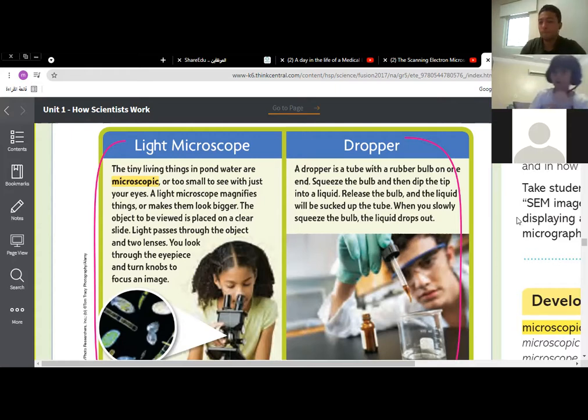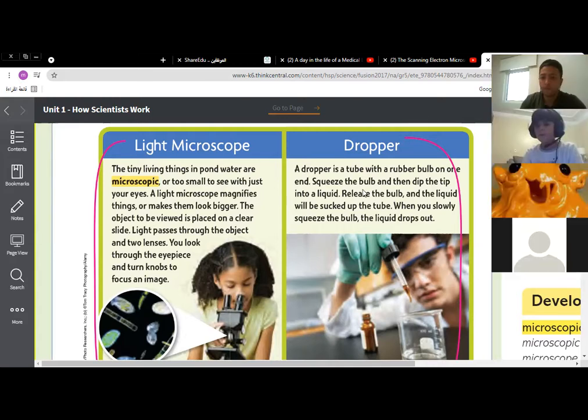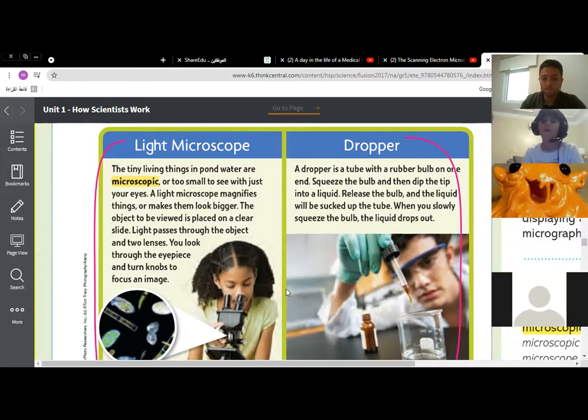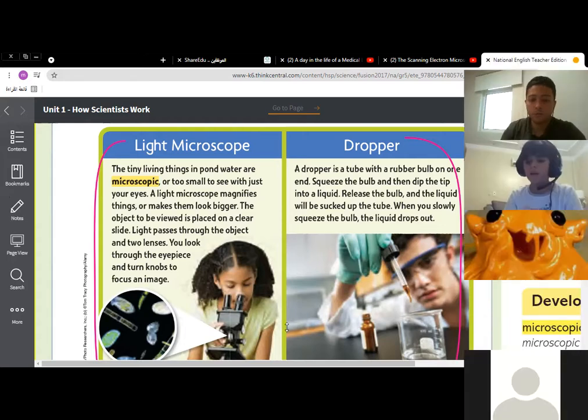No, not even in my life. Boys, if you have a light microscope in your home, you can raise up your hand. In grade 3, we have one. He brings a microscope to the school, in the lab.